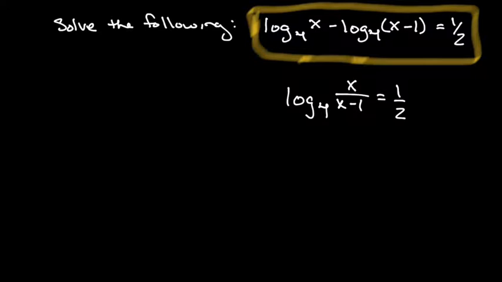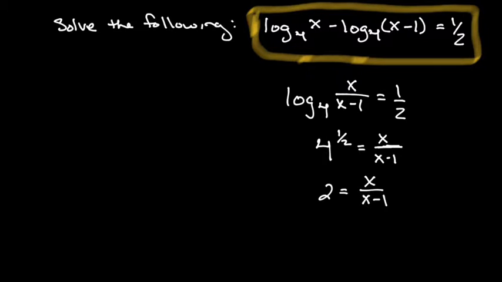So I know that the base is 4, the exponent is 1/2, and that's going to make the x over x minus 1. And I know that 4 to the 1/2 power is really just the square root of 4, which is 2. And so I can say 2 is equal to x over x subtract 1.